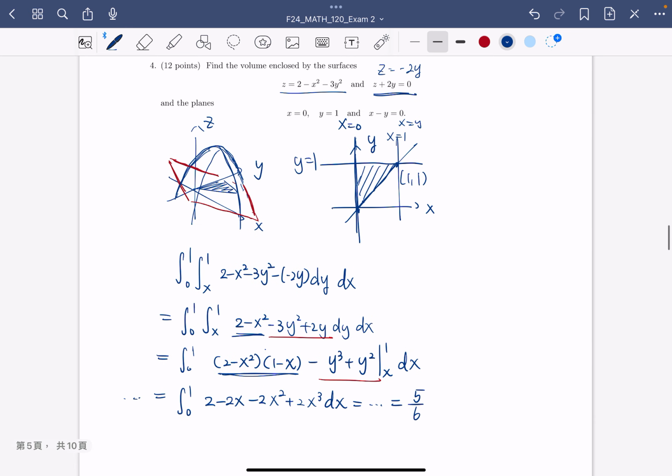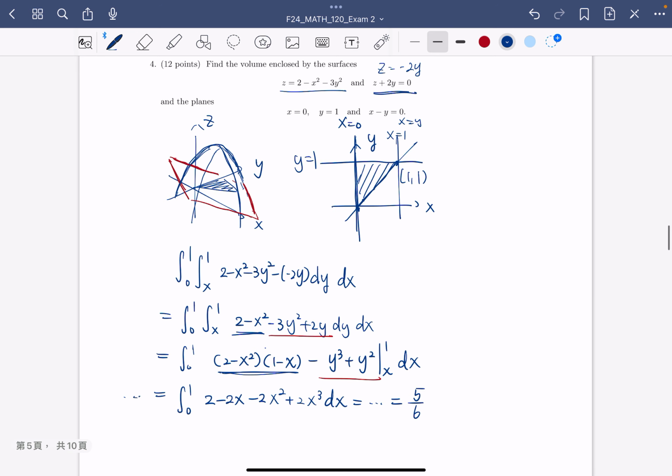So I would say the hard part for this question is how do you convert this problem into computing a double integral. So you first fix the region that you're integrating over, so the region on your xy plane, and then determine which surface is higher.